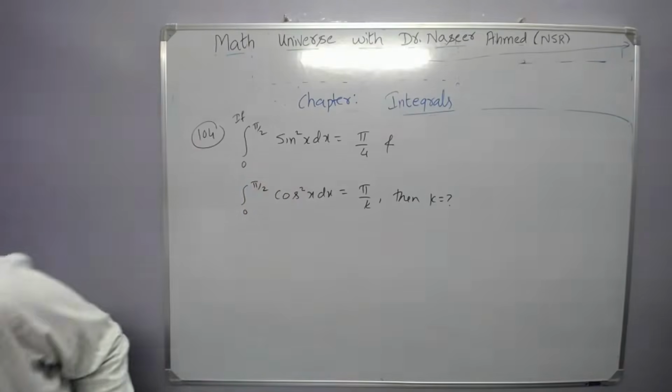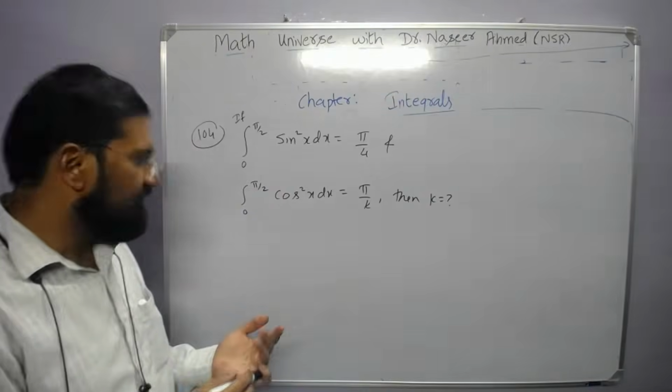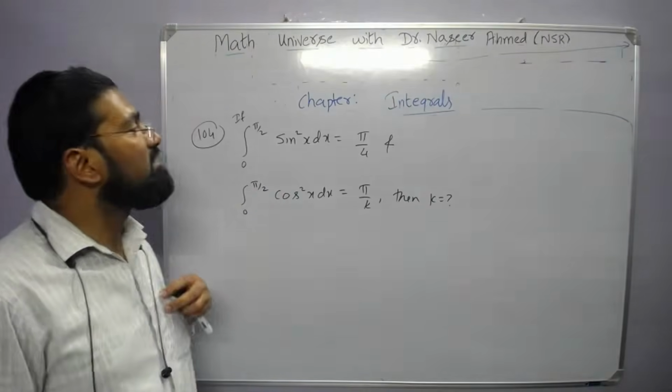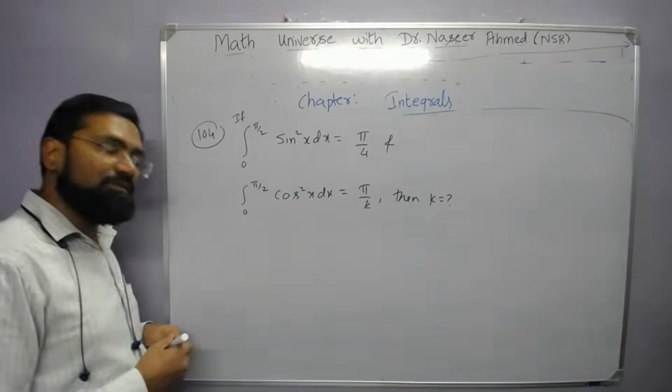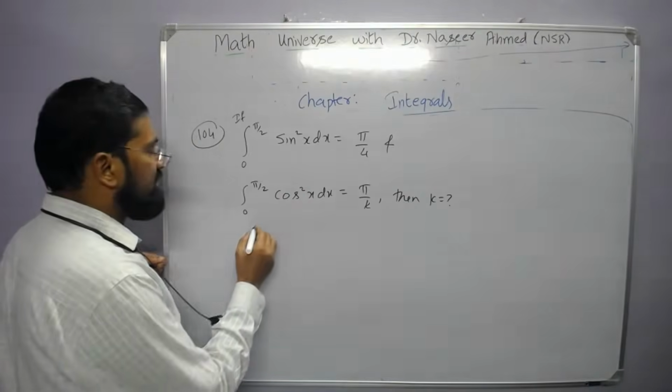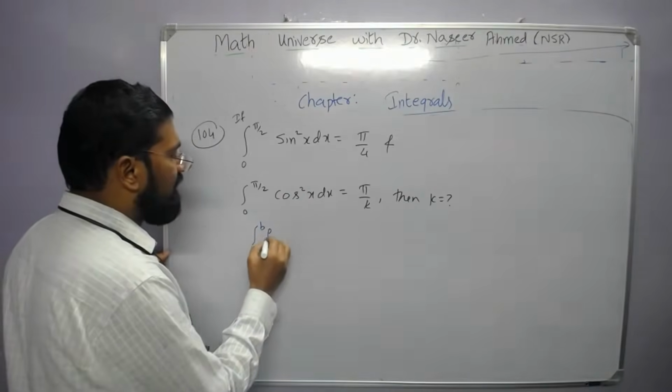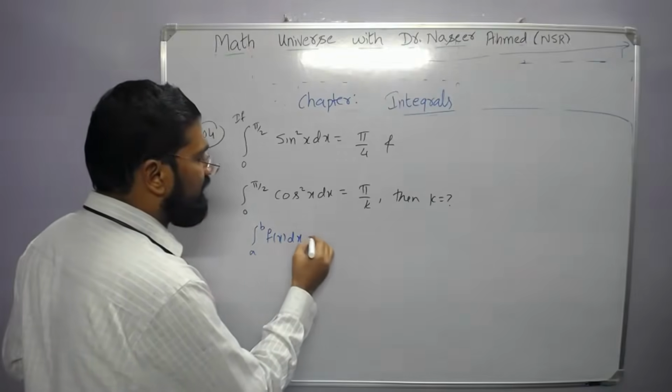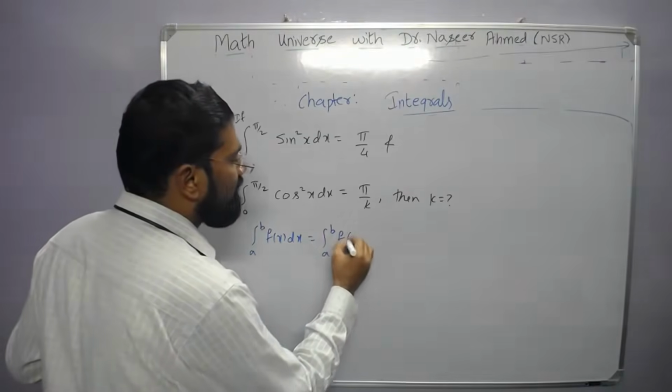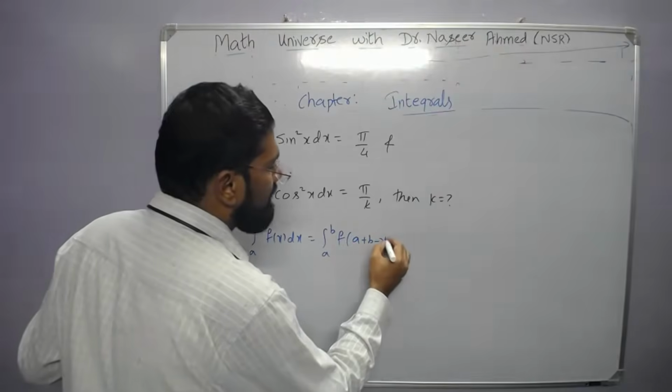See carefully. We have one property I thought to use, but for this, not directly; I can use one PUC concept only. We know one result: integral a to b f of x with respect to x is integral a to b f of lower limit plus upper limit minus x. Correct?